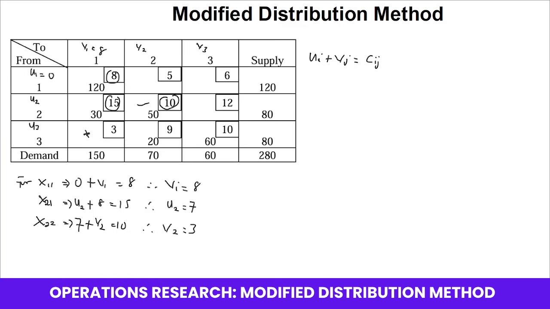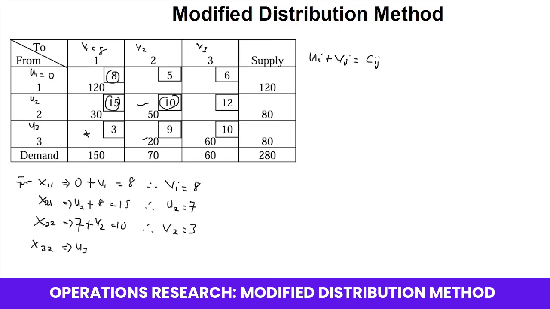The next allocated cell is X32. What's the value for U3? We don't know, we've not calculated it yet.